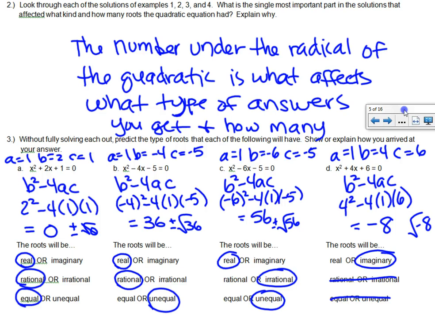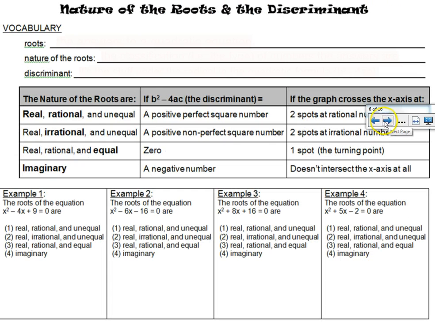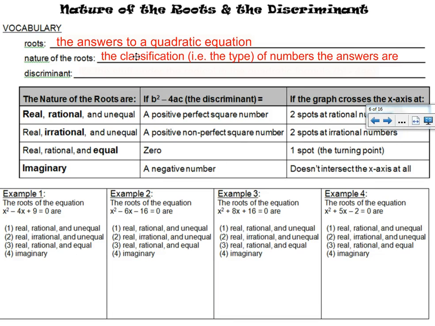All right, so that number underneath the radical is so special, we actually have a name for it. So when we go to our notes, first off, the roots. The roots are just a name for the answers to the quadratic equation. So when you hear the word roots, you can substitute the word answers in your head. Nature of the roots implies what type of answers you are going to have.